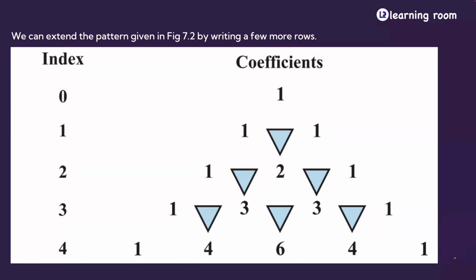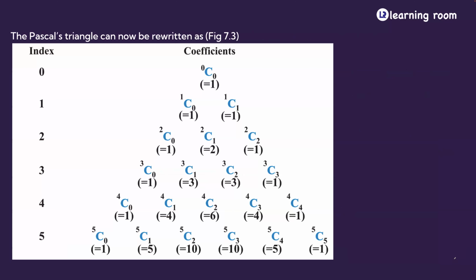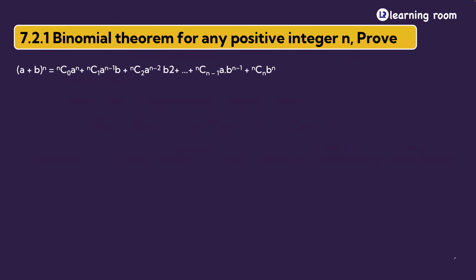So you observe, the first theorem that we are going to see is (a + b) raised to the power n, where n is a positive integer. Right? It's very simple, right? So don't look at that.